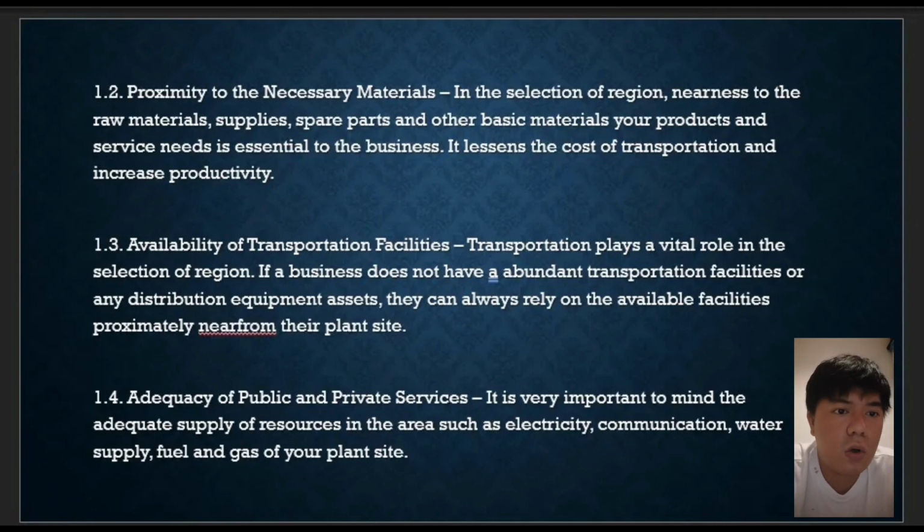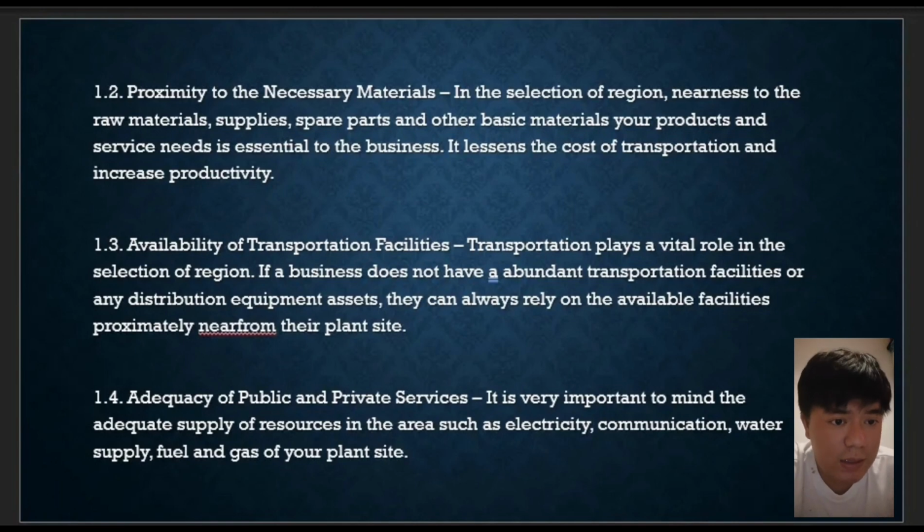It lessens the cost of transportation and increases productivity. So 1.3, availability of transportation facilities.